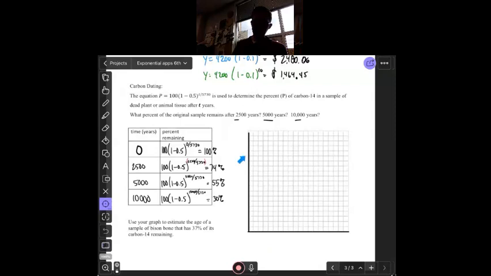So the y's should change because x is changing. So you need to decide which of these is independent, which is dependent. You should be asking yourself, does the time change because the carbon is changing? Or does the carbon change because the time is changing? One of those should make sense, and one of them shouldn't.